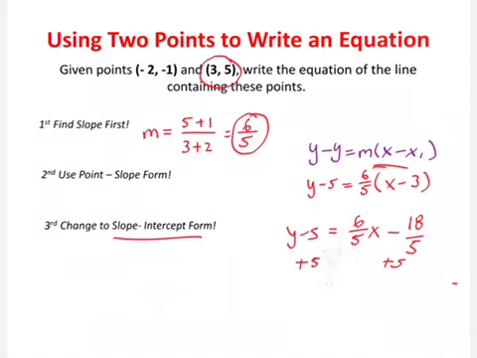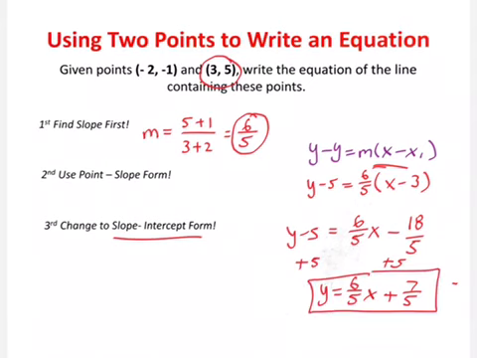We can leave it as a fraction. So we've got y equals 6/5 x, and it becomes plus 7/5. So our equation of a line is y equals 6/5 x plus 7/5.